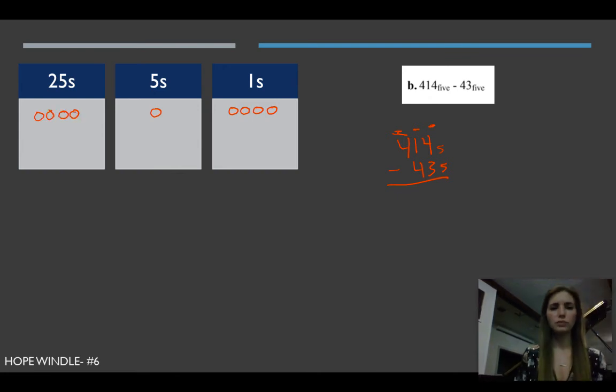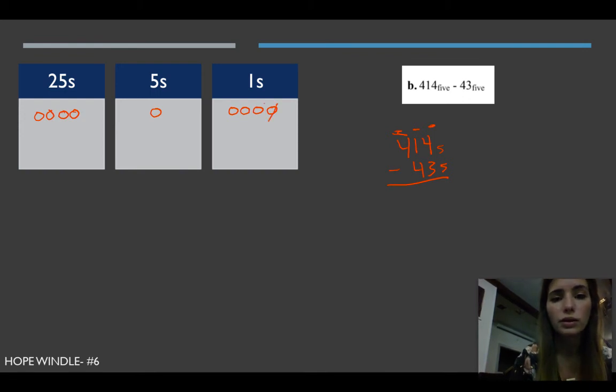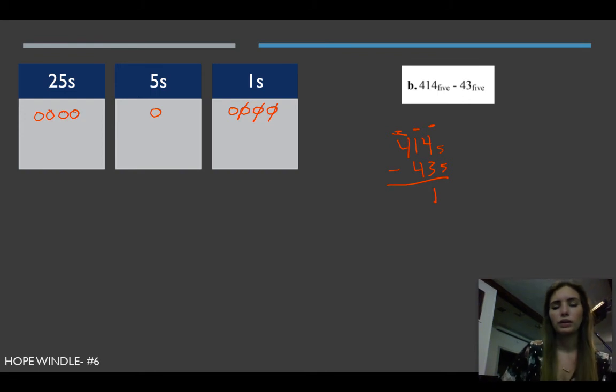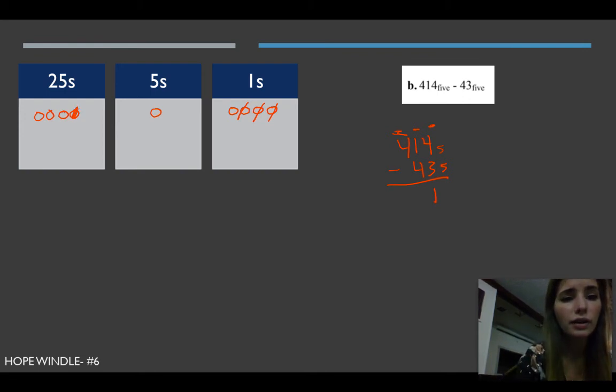So whenever we're taking away, we can't take away 3 from 4. Well, we can, and that leaves us with 1. But you can't take away 4 from 1. So what we're going to do is take one of these 25s and convert it, because there are 5 5s in 25.